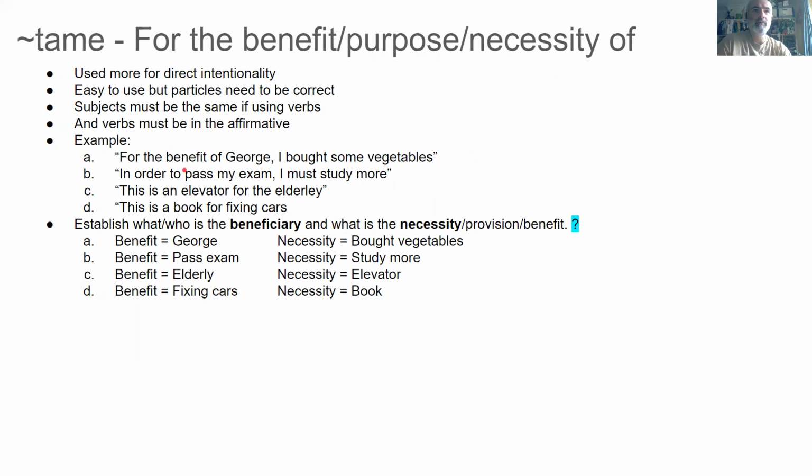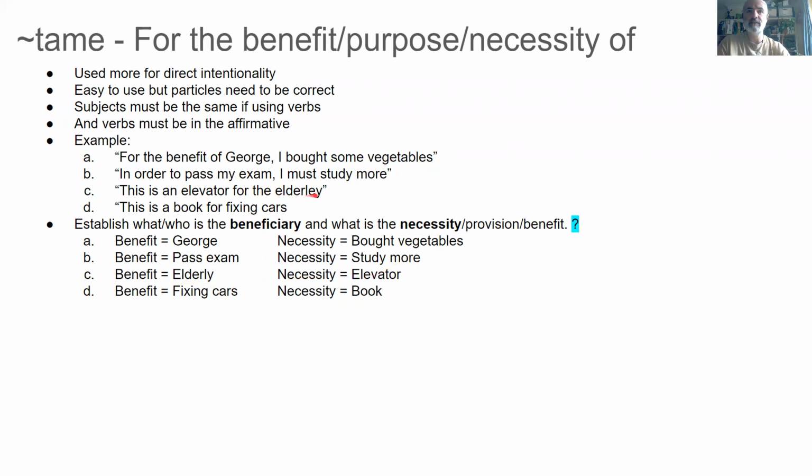For each of these examples: for the benefit of George, I bought some vegetables. The benefit is being given to George, he's the beneficiary, and the necessity, the service, is bought vegetables. For B, in order to pass the exams, I must study more. The benefit is passing the exams, and the necessity or the service is studying more.